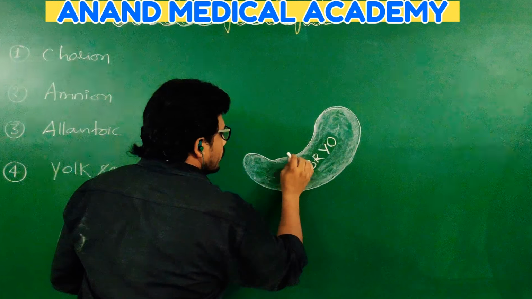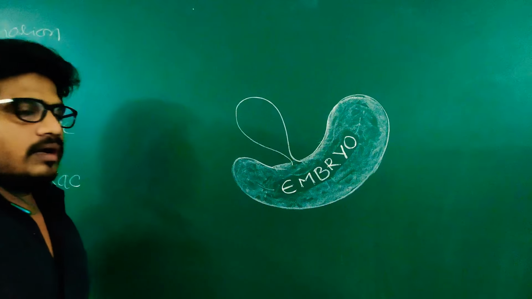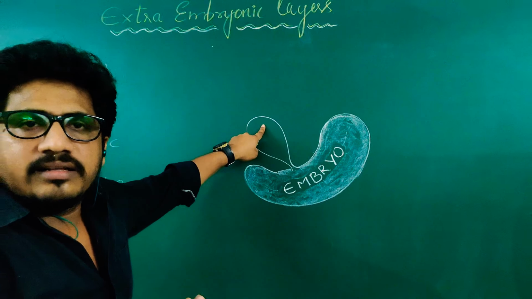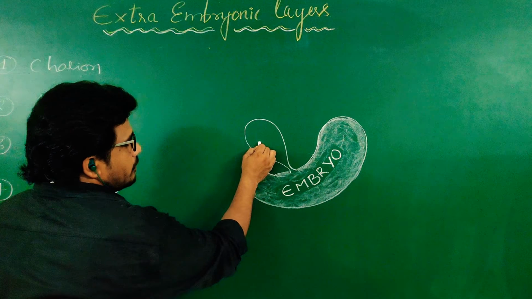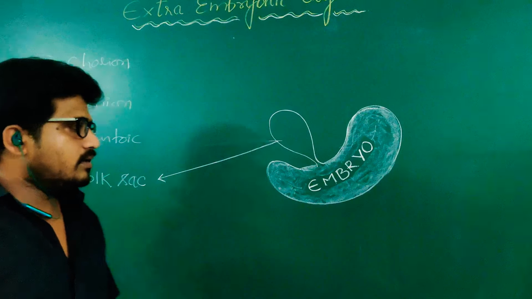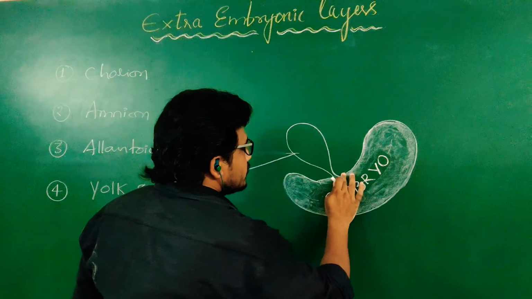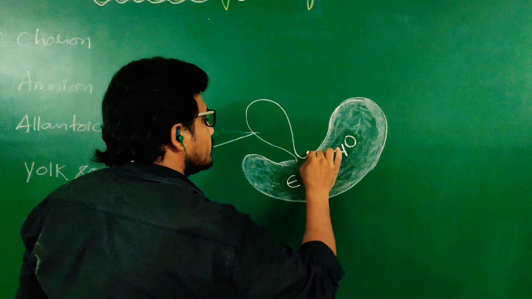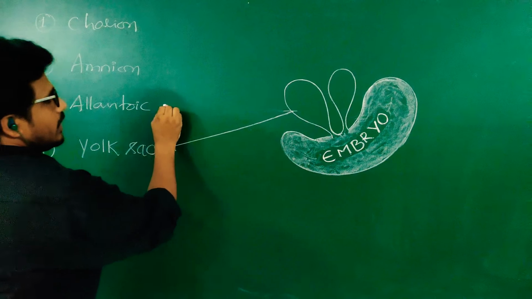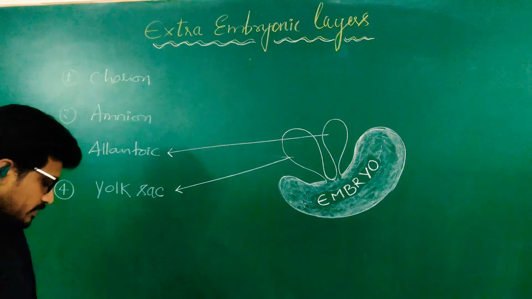From the gut of the embryo to the posterior side, a sac-like structure is formed. This sac-like structure is called the yolk sac. It is the first formed layer. Near the yolk sac, there is another sac-like structure called the allantois, also called allantoic.